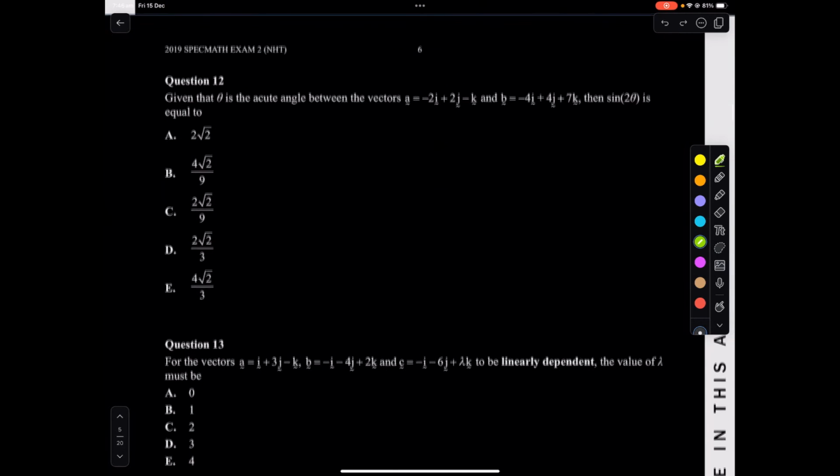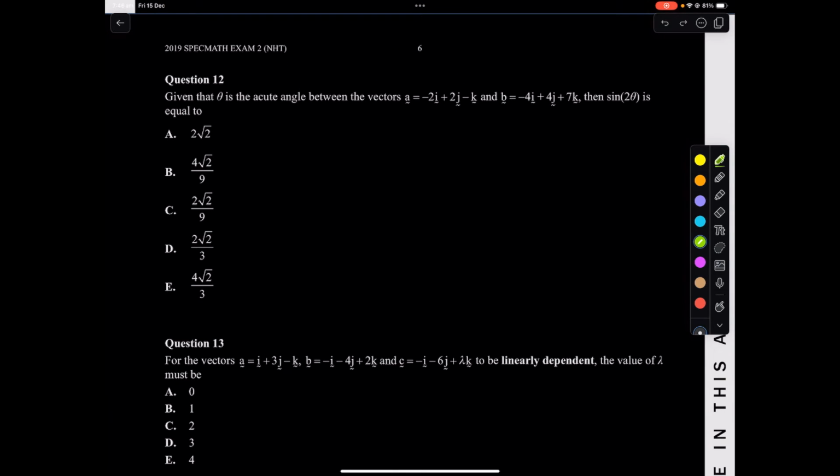Done. Question 12. Given that theta is the acute angle between the vectors A and B, what is sin 2 theta? You should straight away know that we want to find sin 2 theta. And if you look at your formula sheet, sin 2 theta is just 2 sin theta cos theta.